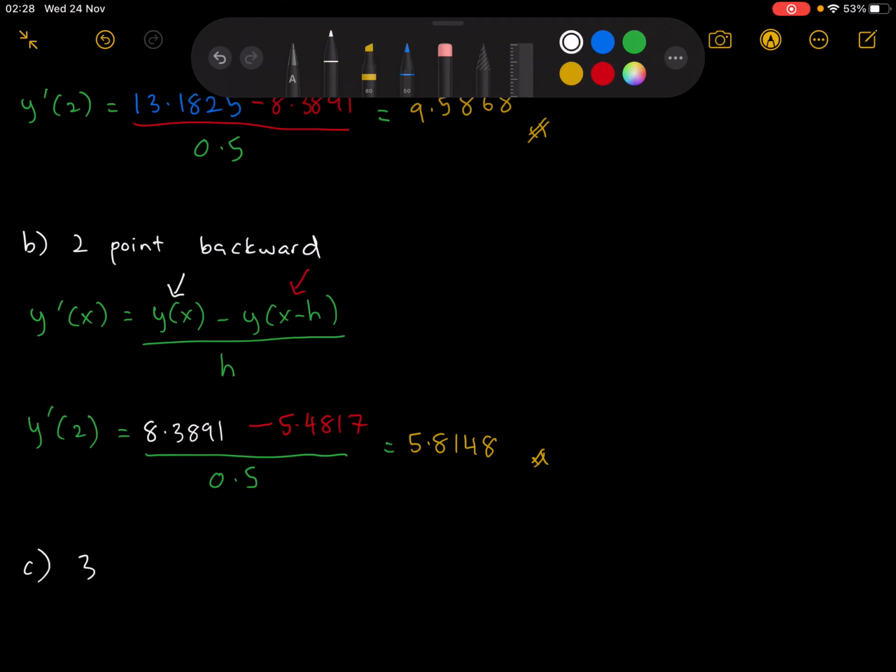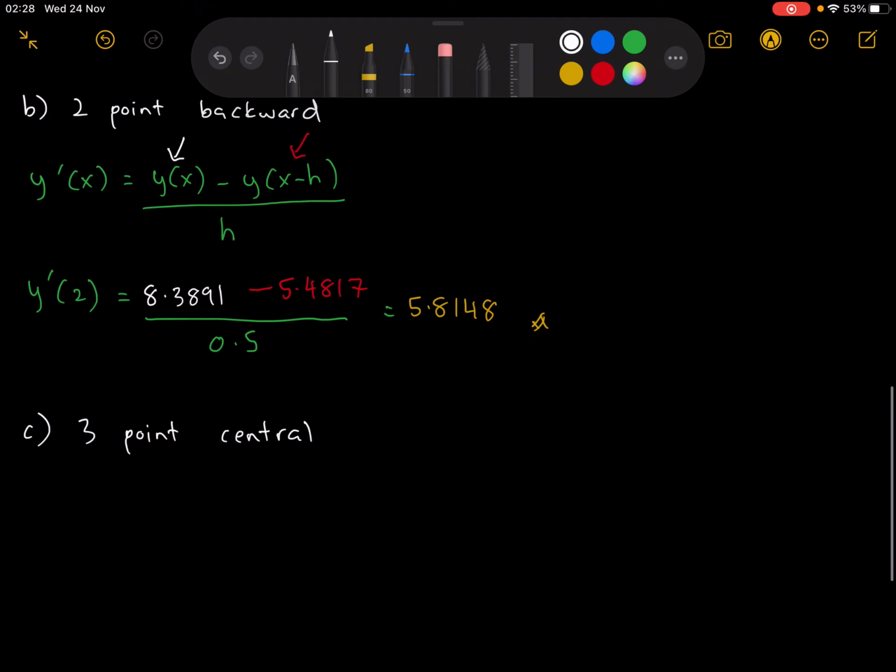And the last one is 3-point central. So write the equation of 3-point central. y'(x) is equal to, we need to know that for 3-point central we require the point before and the point after. So the equation is [y(x+h) minus y(x-h)] over 2h.